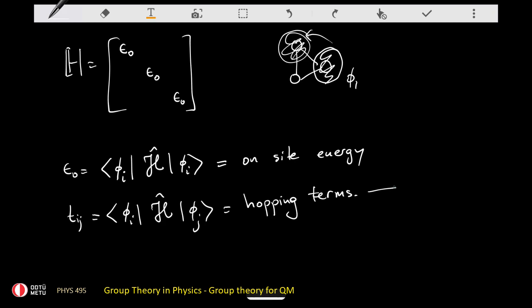Some people also think of these as the equivalents of the kinetic energy. So these are the terms that prevent the electron from staying on a single site.